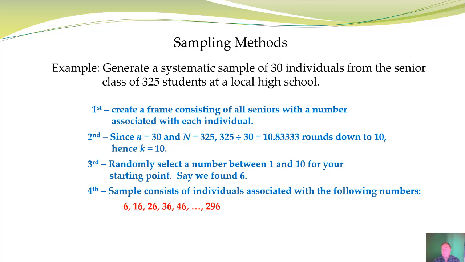Plus 10 is 36, all the way down to 296. And if you notice, recall the last individual is p plus n minus 1 times k. So this would be 6 plus 30 minus 1 times 10. So that's going to be 29 times 10 is 290 plus 6, 296. So we can always find the largest individual in our sample.